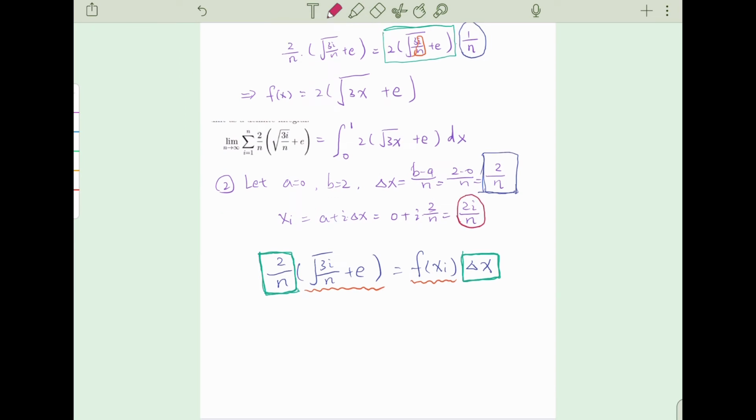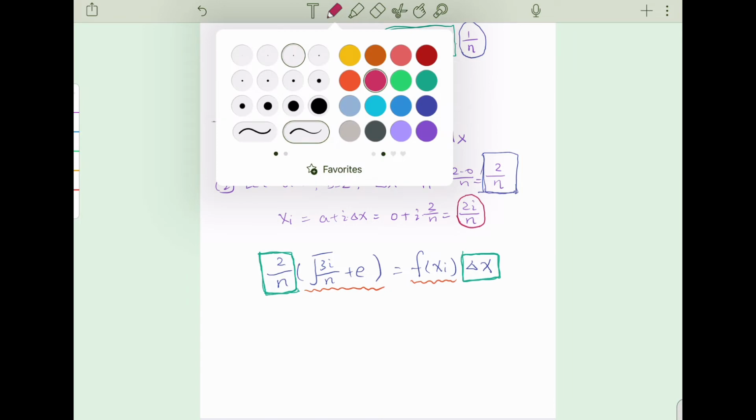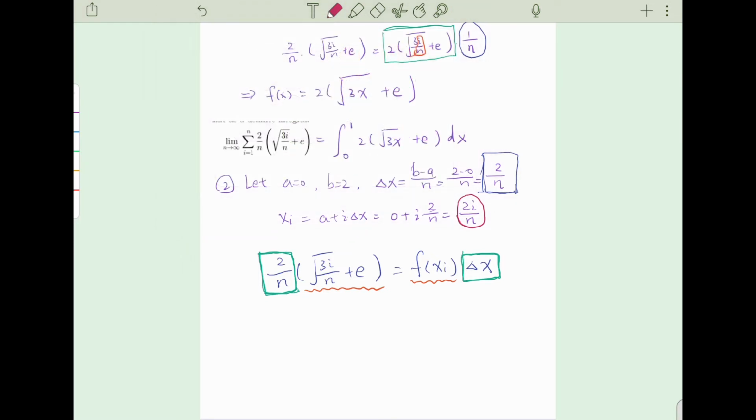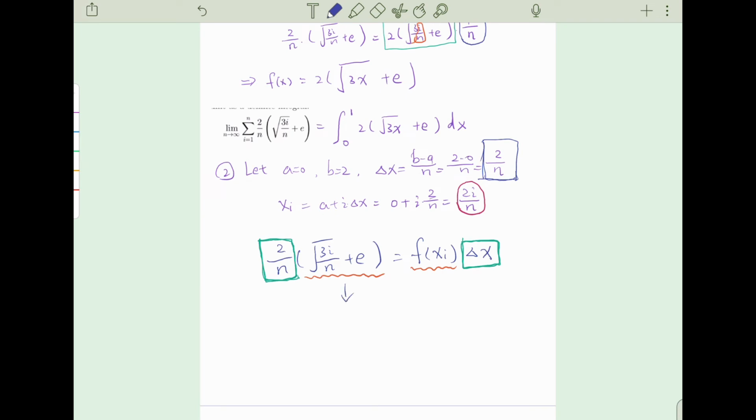So I'm going to express this expression in terms of xi. This expression is going to be this one, and it's going to be 3/2 times 2i divided by n plus e.